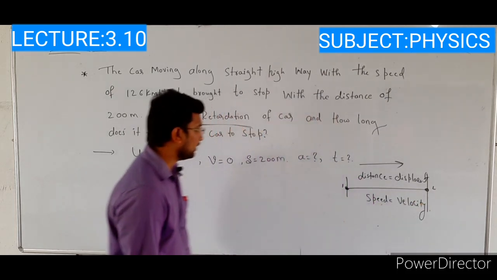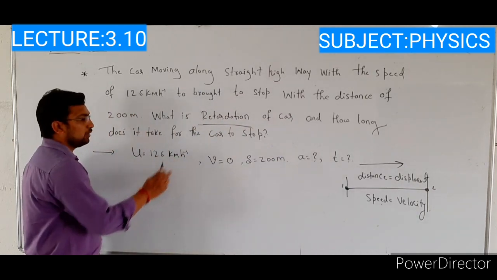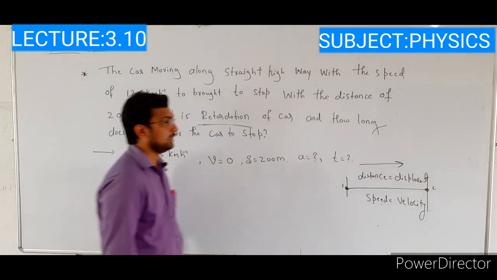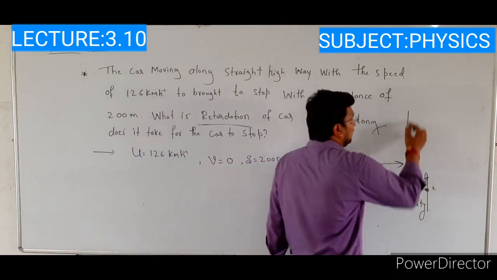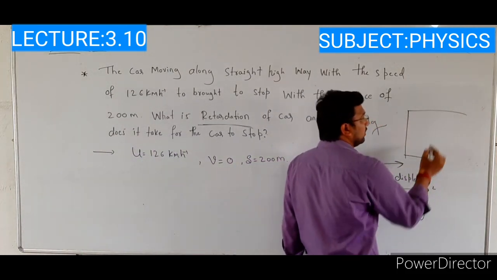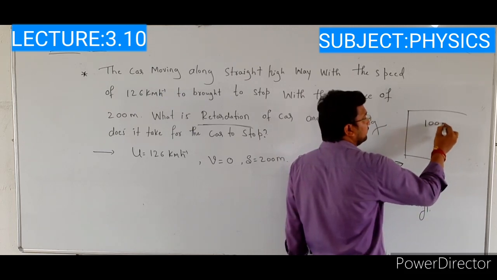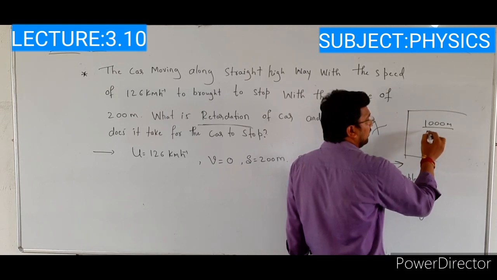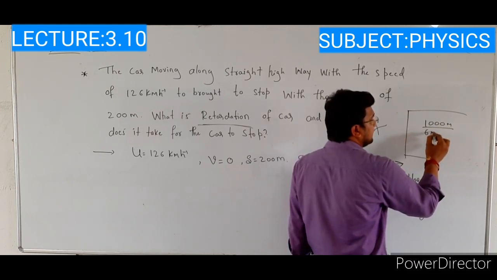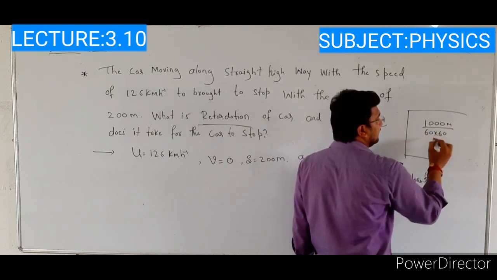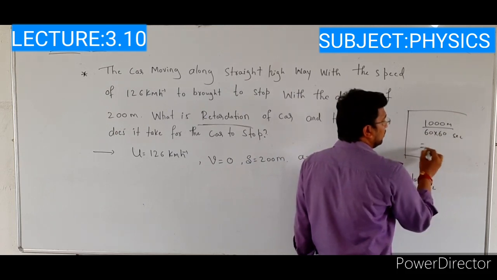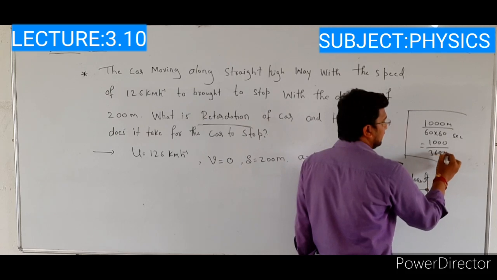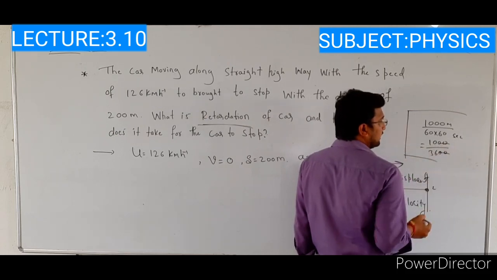Okay. So next one. How to convert kilometer per hour to meter per second? Okay, see here. Already we know that 1 kilometer is 1000 meter, divided by 1 hour, which converts into seconds as 60 minute into 60 second, right? This is equal to 1000 divided by 3600. 2 zeros are cancelled.